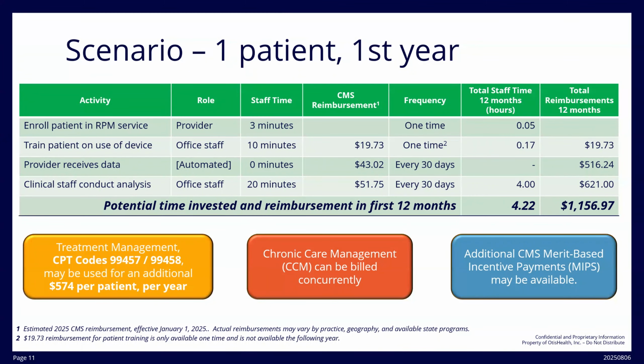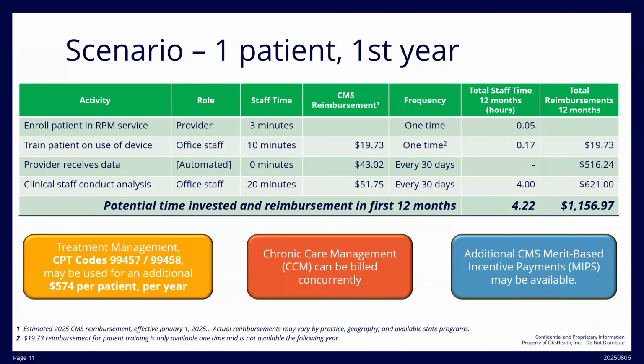And then when the staff conducts an analysis when there are at least 16 days of readings during the 30-day cycle, then they can bill another $51.75. And so the net or the total opportunity for a year for one patient is $1,156.97 in the first year, and that equates to about 4.25 hours worth of work.